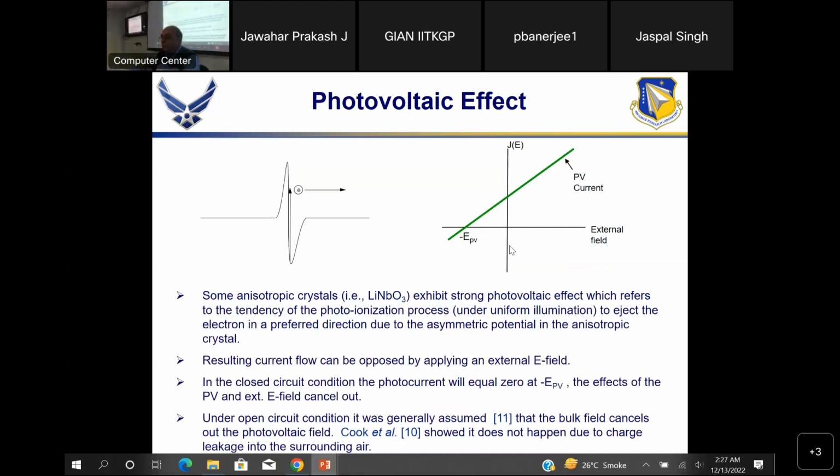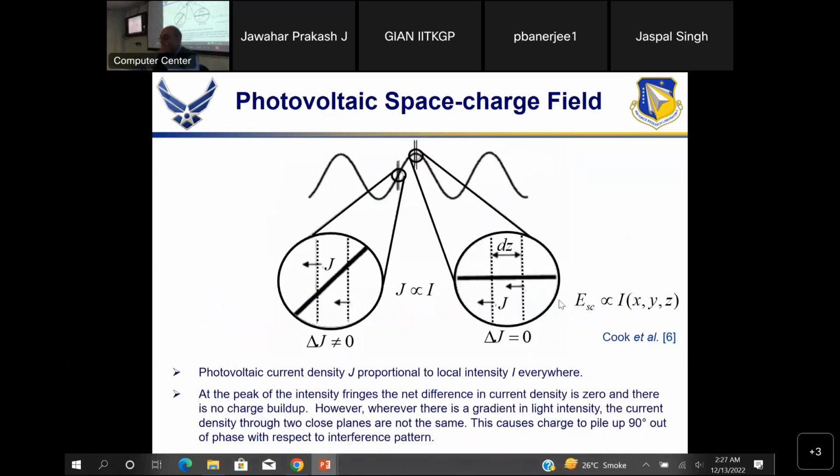All right, I don't want to get into the details of this photovoltaic effect, but all I want to say, everything said and done, because it's complicated, is that finally, in these photorefractive materials like lithium niobate, where you have a strong photovoltaic contribution, this space charge field now is proportional to the intensity rather than the gradient of the intensity, which was the case for the diffusion dominated materials.